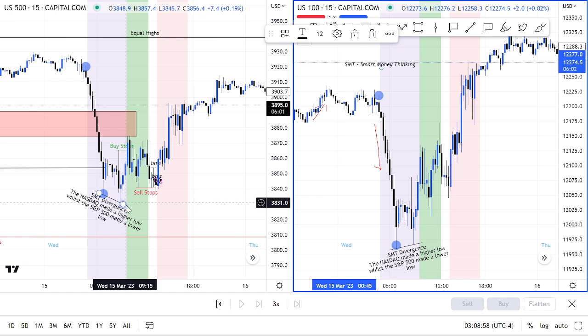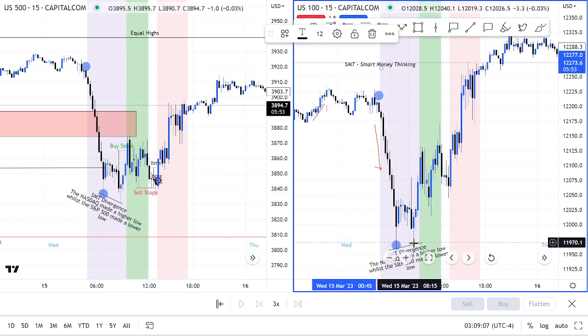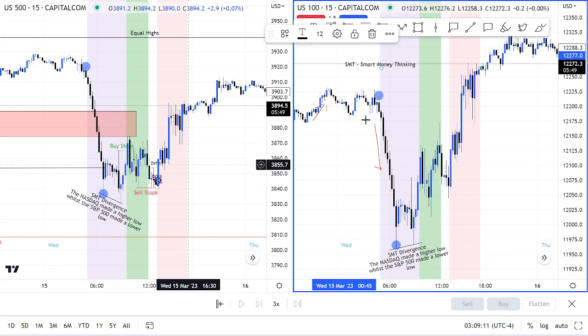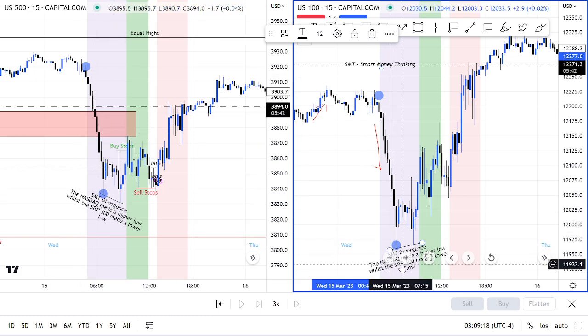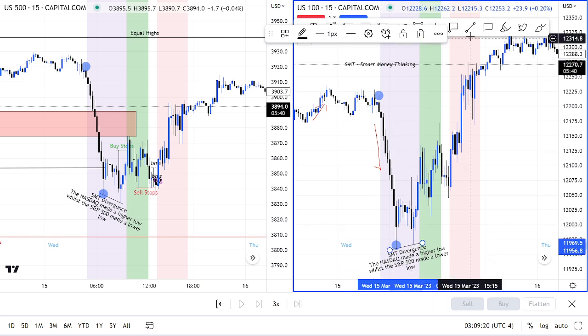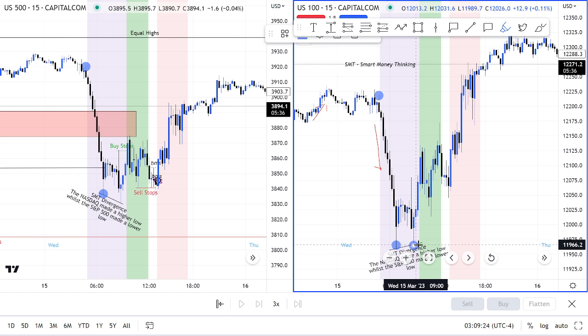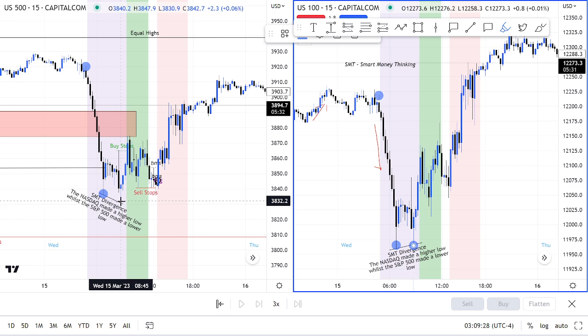But at this period, from 6:45 to around 8:45, realize that we had a little difference. Although we had the sell-offs in the morning, on the Nasdaq we made a higher low, which is right here, while on the S&P 500 we made a lower low.